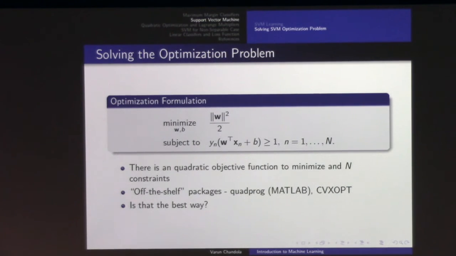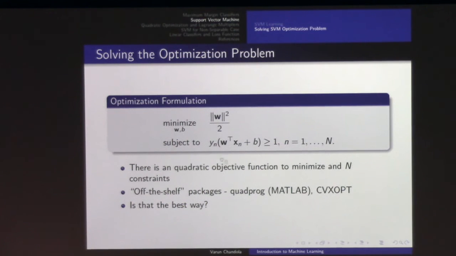So moving on. Now we have to solve this optimization problem. As I said, it's a quadratic objective function because you have to optimize over w with n linear inequality constraints. We haven't seen any method so far to solve this. However, there are a lot of solutions.